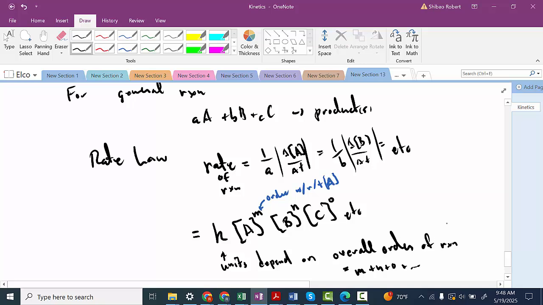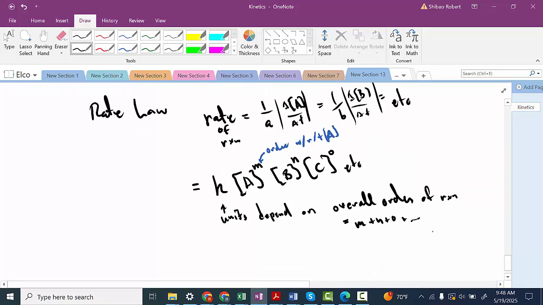Again, we aren't going to include products. Now, why isn't it a, b, and c? That's something the theory is going to have to explain to us. m, n, o, etc. are determined experimentally.